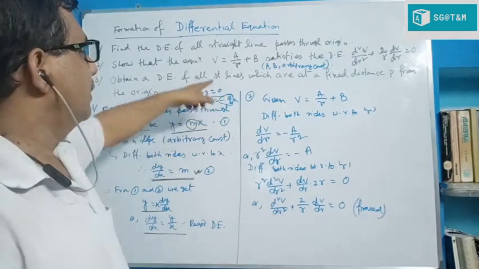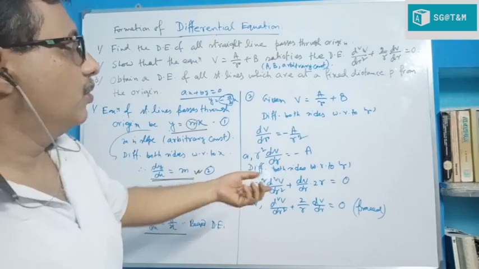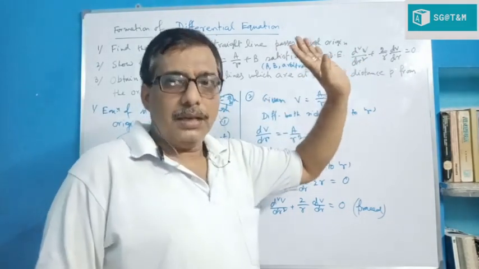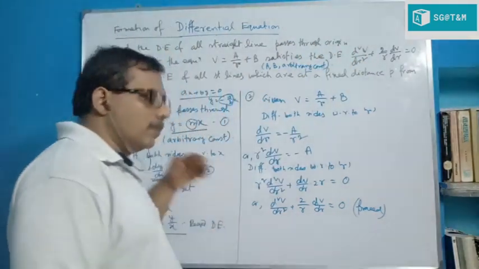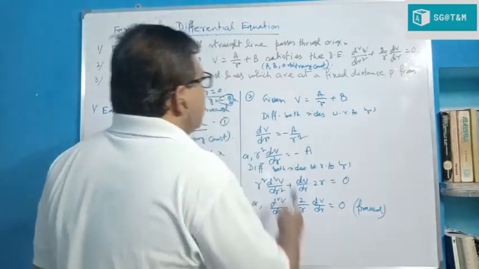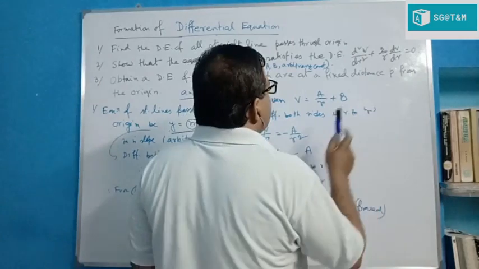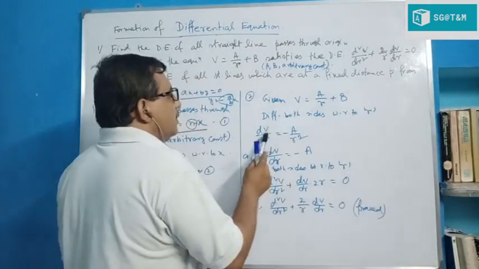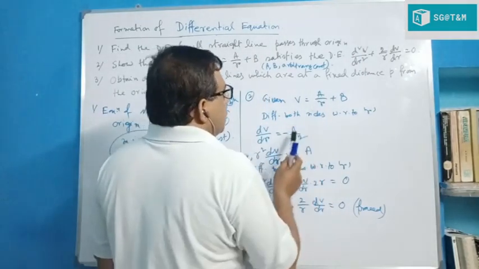In second order derivatives we solve this type of problem: given v is equal to this, prove that. So v is equal to a by r plus b. Differentiating both sides with respect to r, the derivative of v is dv/dr, and this is 1 by r.